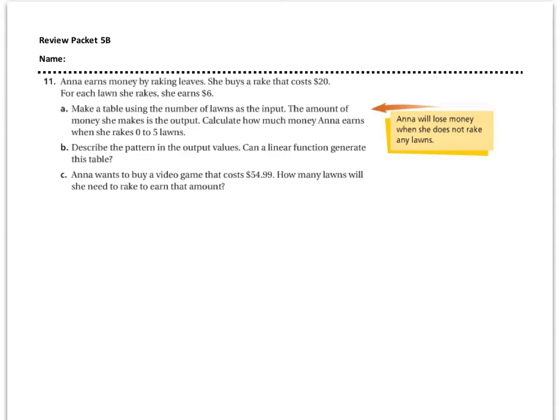Calculate how much money Anna earns when she rakes 0 to 5 lawns. So that's the input, and that's the output. You know, if she doesn't rake any lawn, then how much is she making?